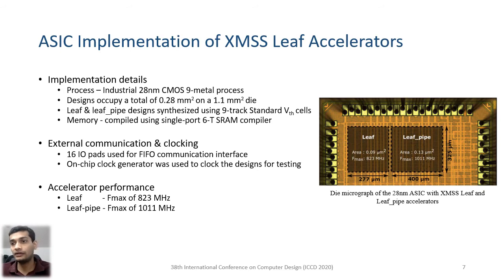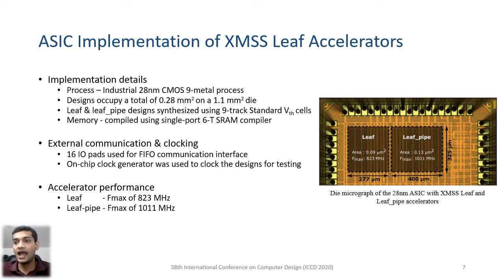The die micrograph on the right shows the Leaf and LeafPipe accelerators implemented in an industrial 28nm 9-metal CMOS process. The accelerators occupy a total area of around 0.28 mm². The logic is synthesized using standard VTH cells, and the memory module is implemented using the foundry-provided single-port SRAM compiler.